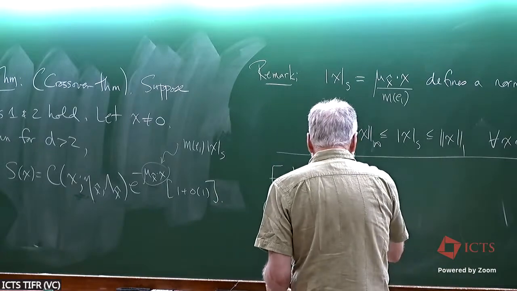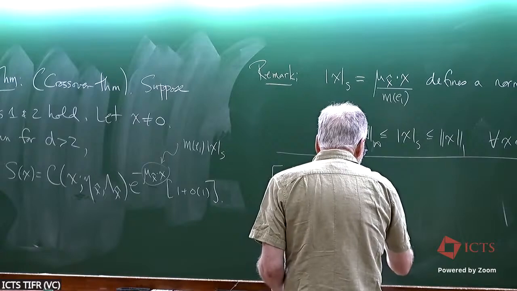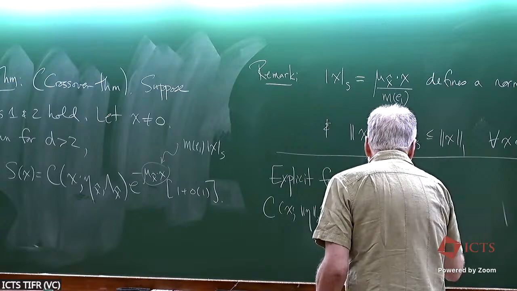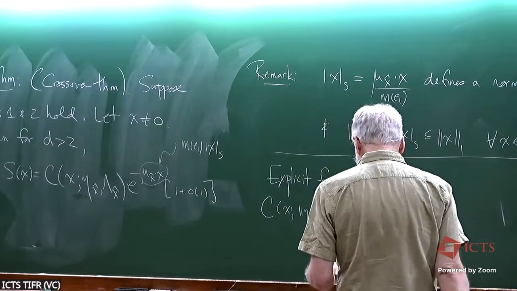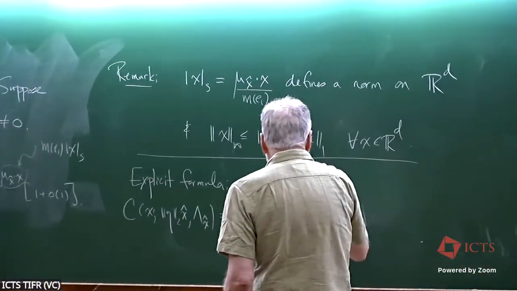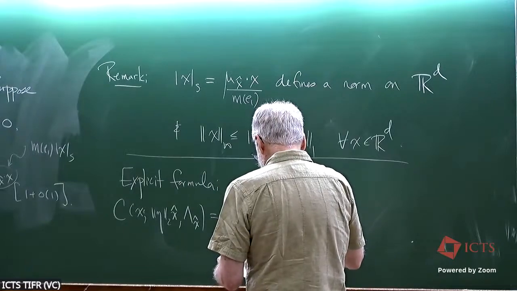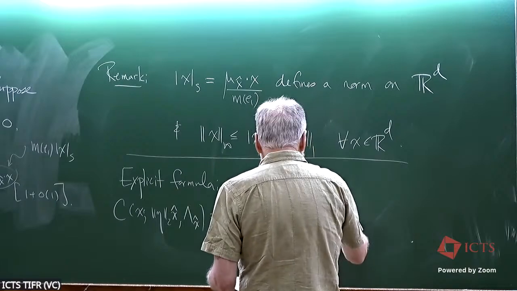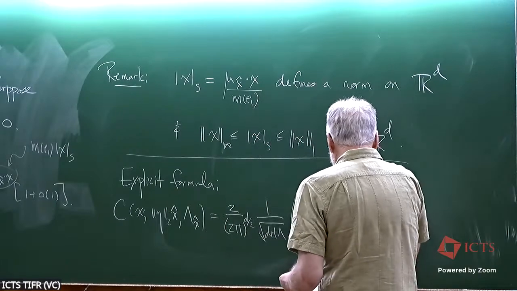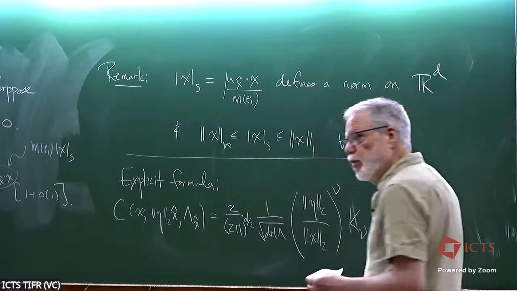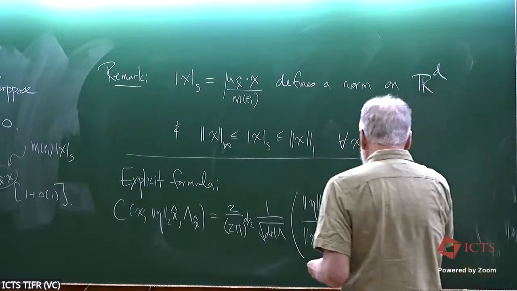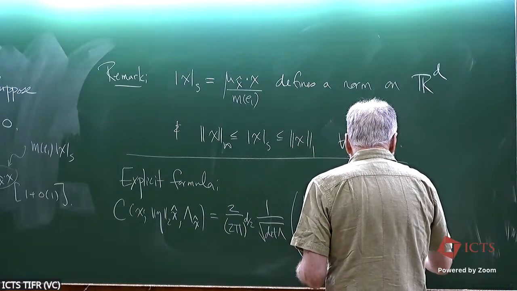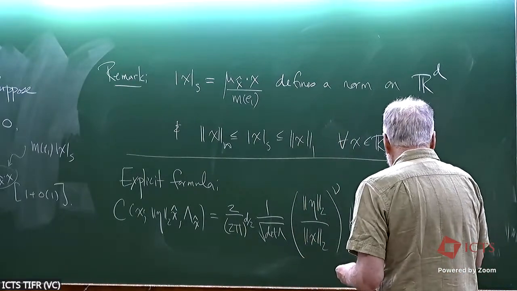This thing is just equal to 2 over (2π)^(d/2), 1 over the square root of the determinant of Λ, the L2 norm of η divided by the L2 norm of x to the power ν, the modified Bessel function of the second kind, evaluated at w. I have to tell you what some of these things are.